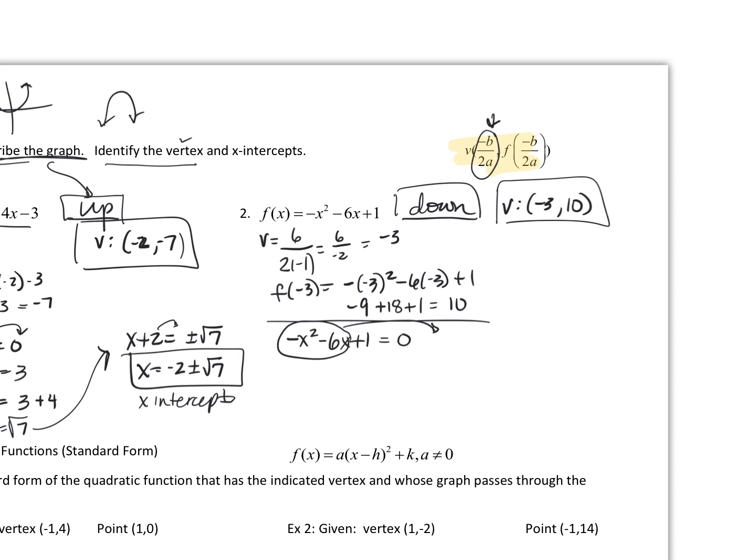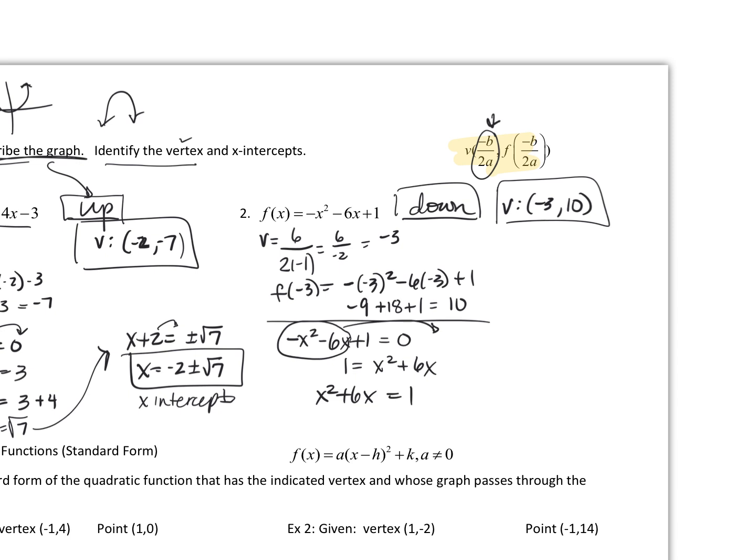So the x squared becomes positive. So 1 will equal x squared plus 6x. Are we good with that? Now I'm going to flip it around just because I like my x squareds on the left.